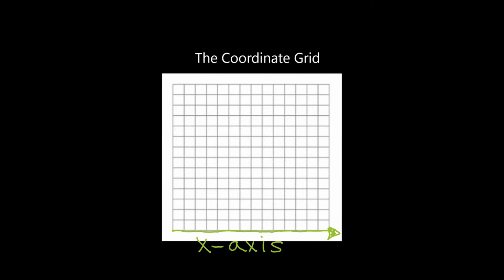It runs horizontal. So on the side of your journal, you can put an arrow going to the right, and you can put x-axis and horizontal.